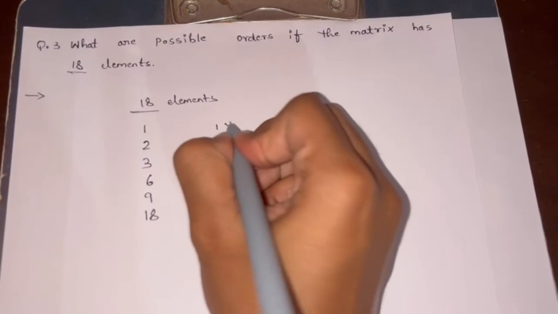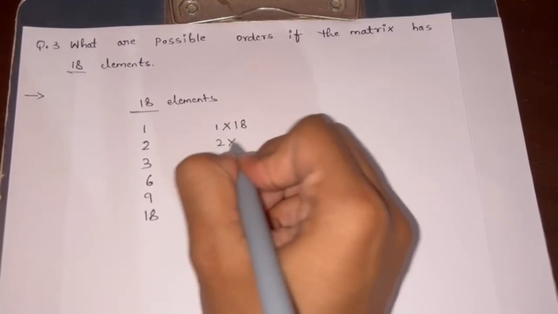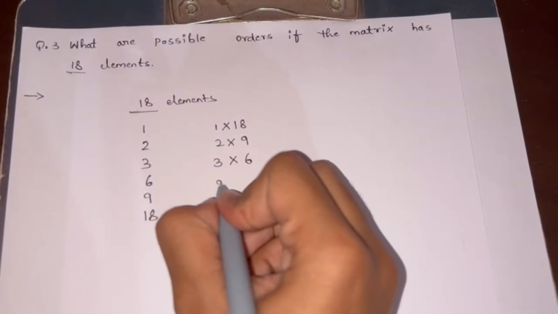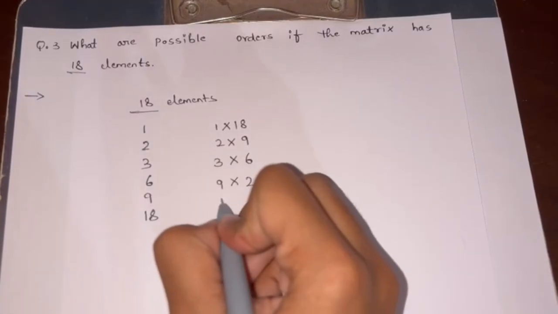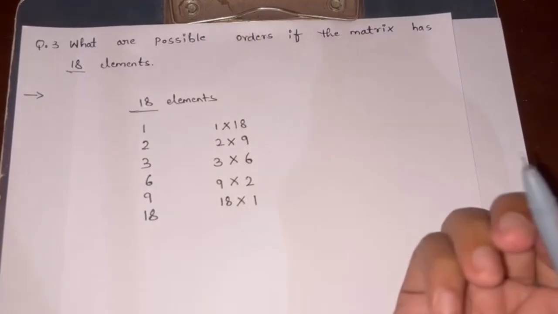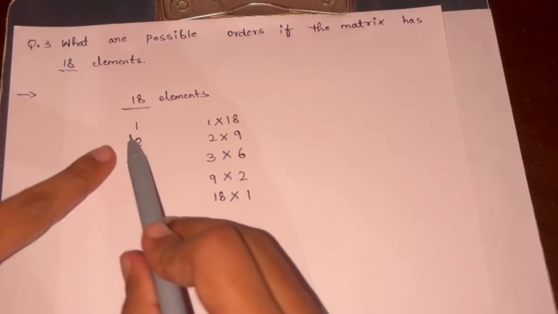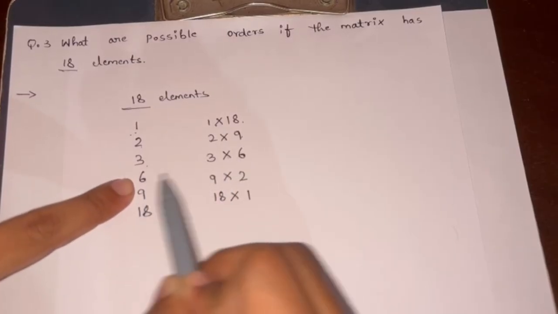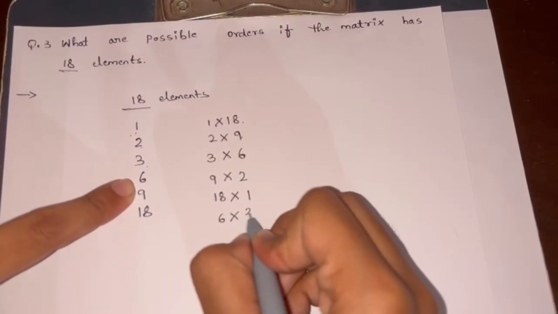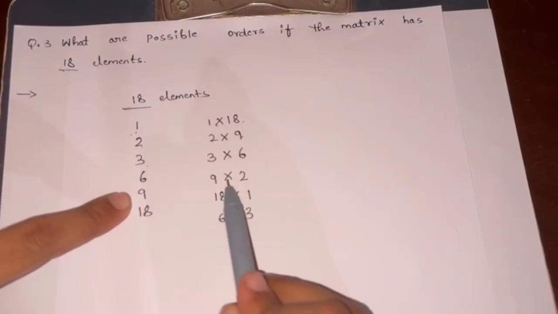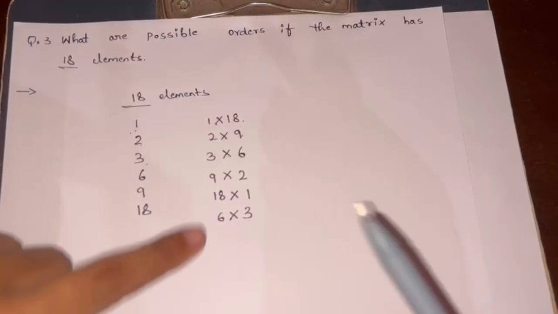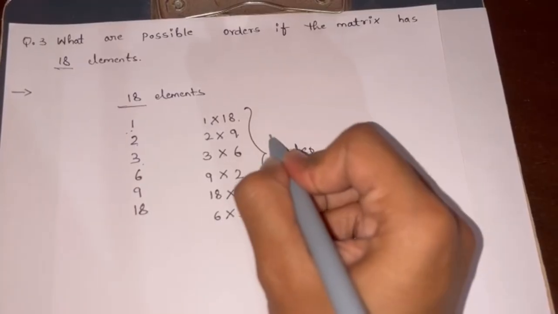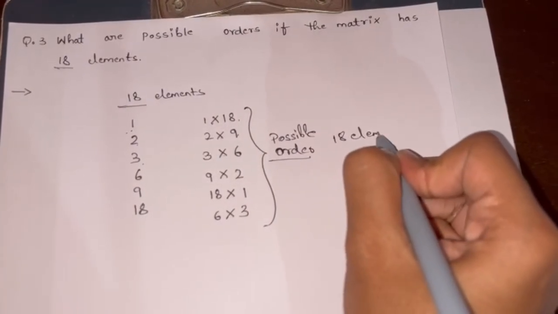Write down the factors: 1 into 18, 2 into 9, then 3 into 6, then 6 into 3, 9 into 2, and 18 into 1. So easily we just found the factors and these are said to be the possible orders for 18 elements.